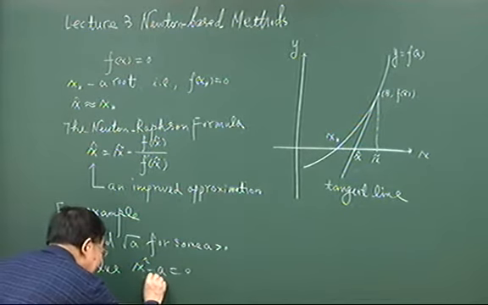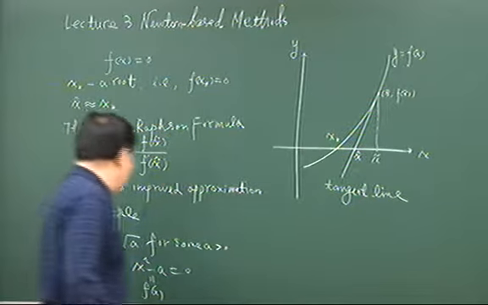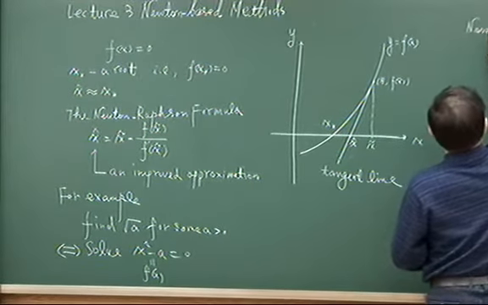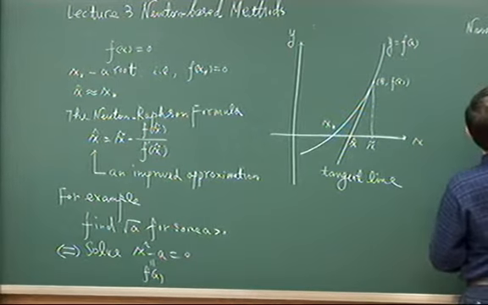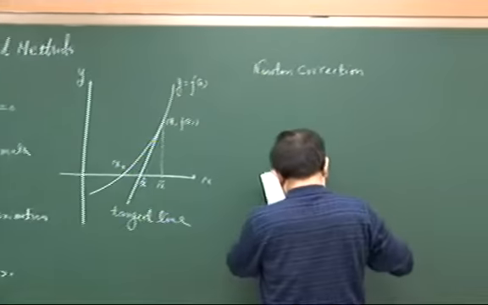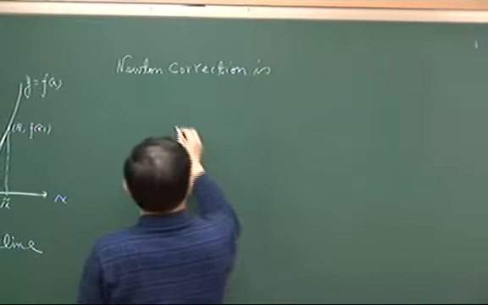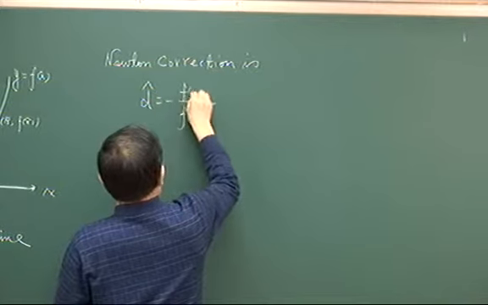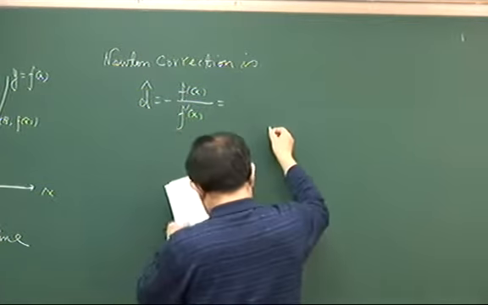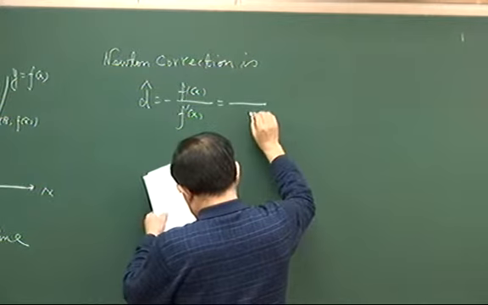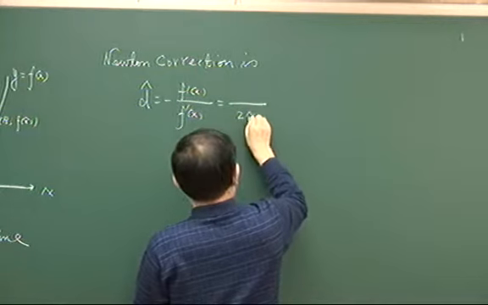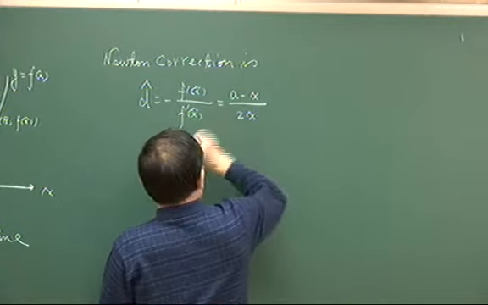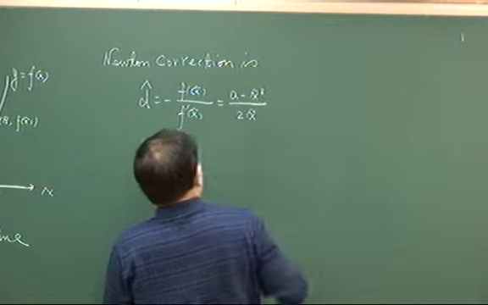This is the f(x). So we have the Newton correction is this way, f(x) over f prime(x), which equals this one.